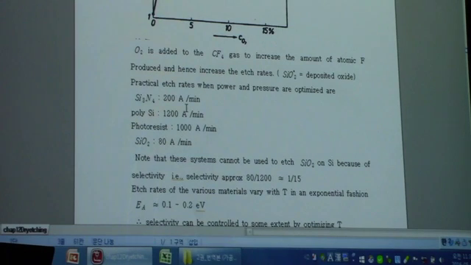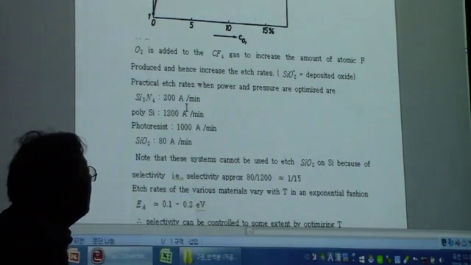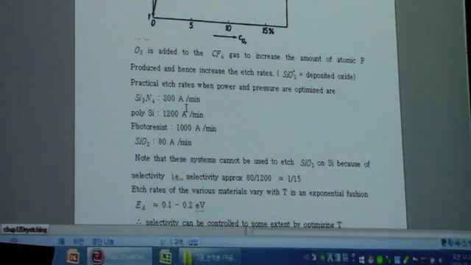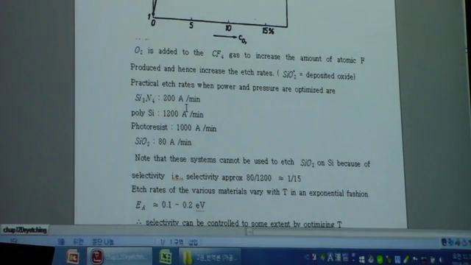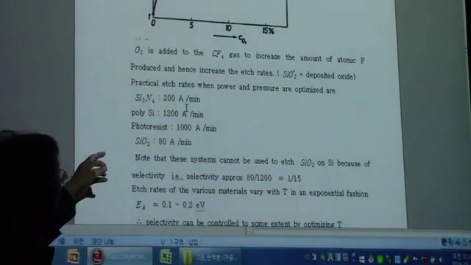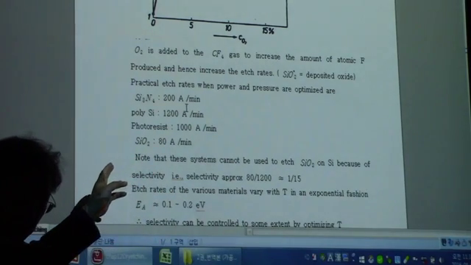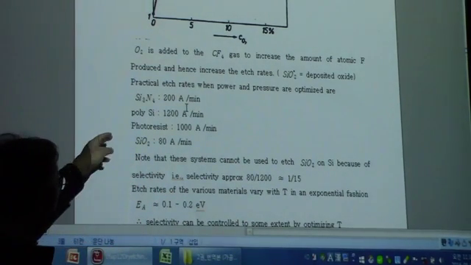That's what you can see here. And O2 is added to the CF4 gas to increase the amount of atomic F produced and hence increase the etch rate. That's obvious. And here, these are the practical numbers.